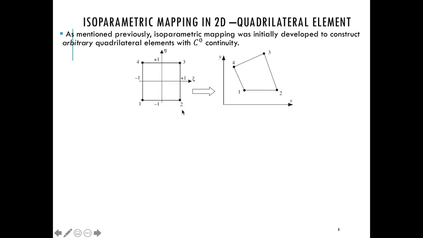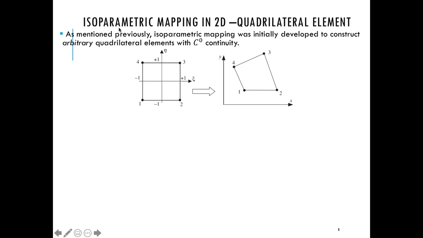So this is the universal element that we use to map onto any linear arbitrary quadrilateral element. It could be something like this or any other shapes that we've discussed before.